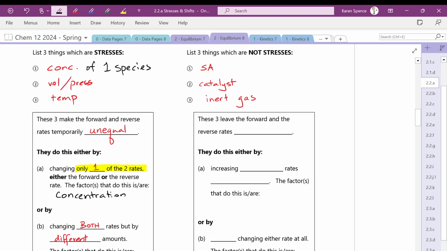Now, volume pressure, we're going to assume we have a gaseous system, just to make our lives simpler for now. We'll look at systems where it's both things later, but we'll assume everything's a gas. So if we change the volume pressure and everything is gaseous, will we be changing only one of the 2 rates, or both of them?